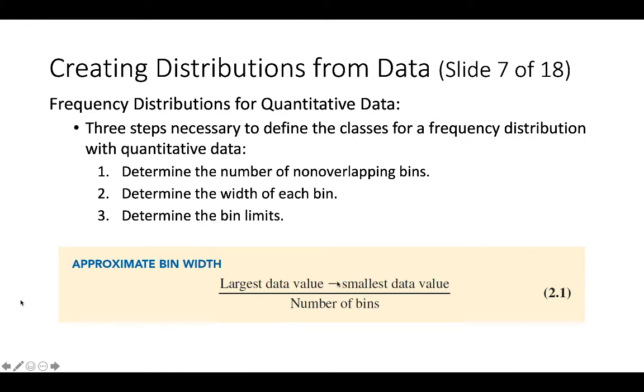The width of each bin is determined by the largest data value in your data set minus the smallest data value, divided by the number of bins. That's the formula for calculating the approximate bin width. If you have a decimal, then you probably want to either round it up or round it down. Then you want to determine the bin limits first.